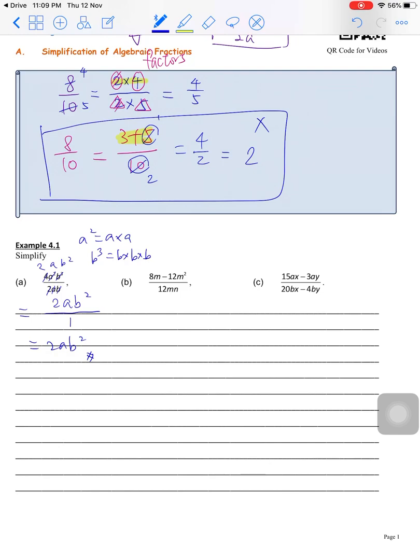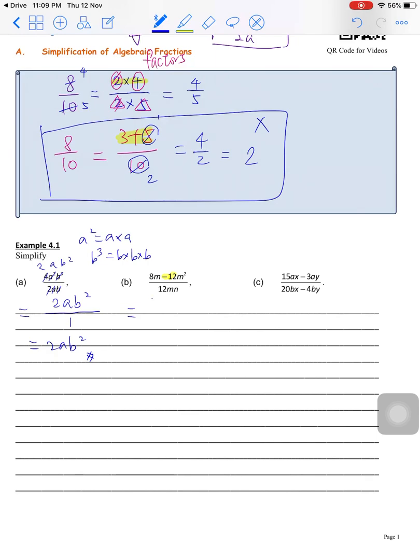Look at B. The numerator is 8m minus 12m squared, and then over 12mn. So here is a minus. Then this 12 is not a factor of the numerator, so we can't cancel out this 12. The only thing we can do is to factorize the numerator, just like what you learned in the last few chapters.